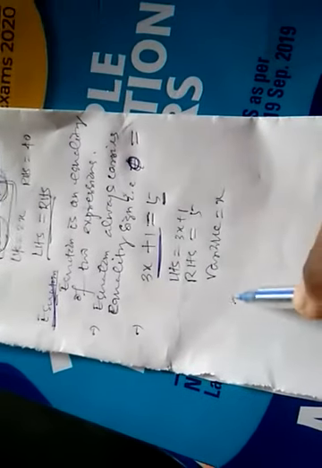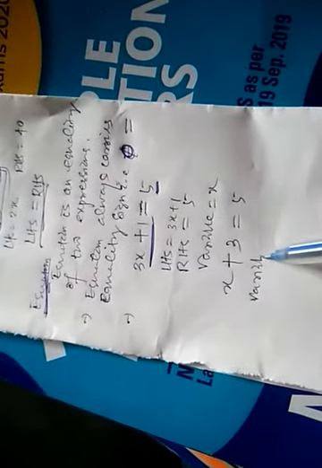But what is a linear equation in one variable? To understand this, suppose you take the equation 1x plus 3 equals 5. The variable here is x. But what is the degree of this variable?